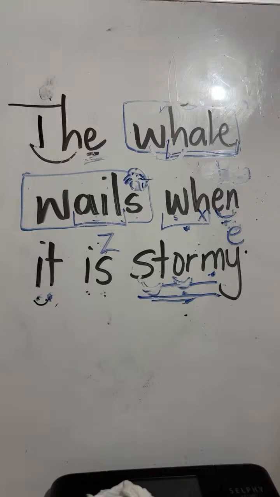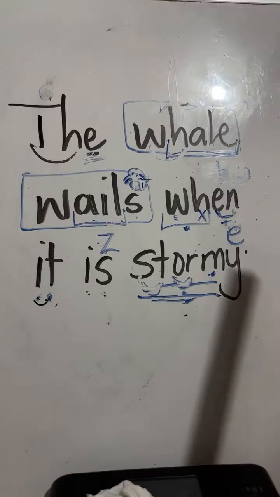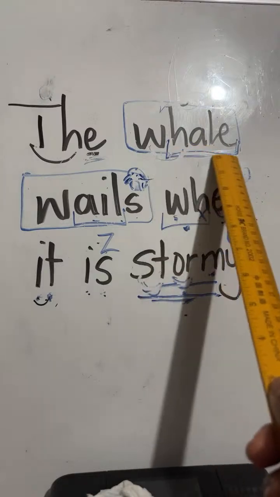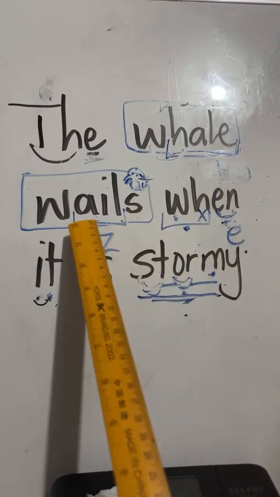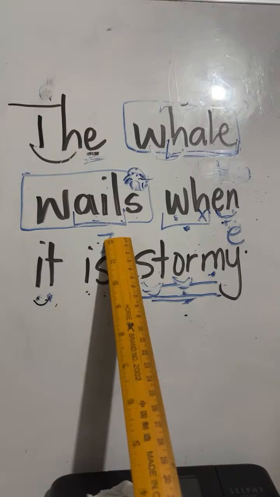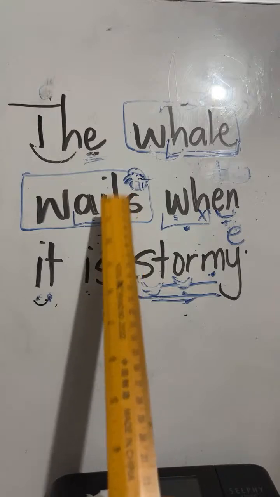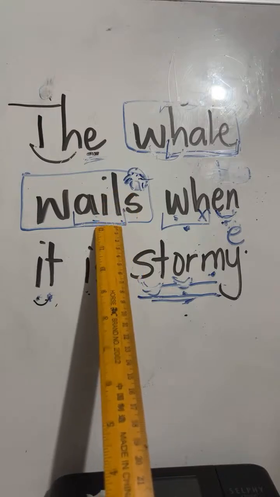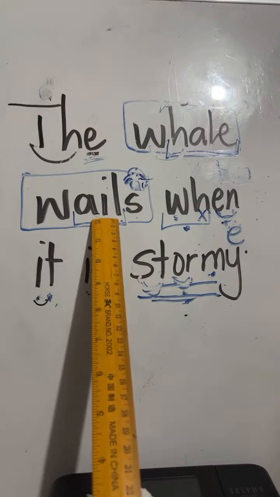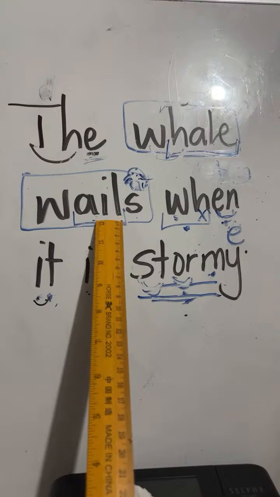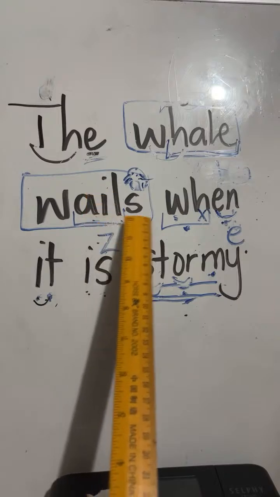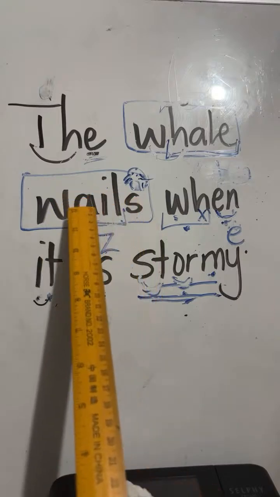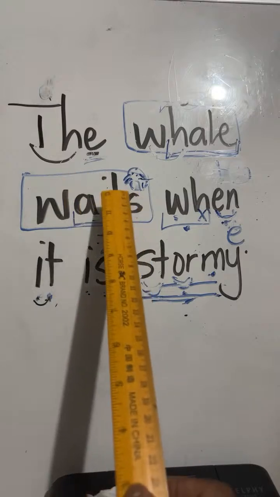Okay? So let's remember what the word means. Whale, as in the animal, the mammal. Wail, as in when you cry, you feel pain. Here we see the word ail, which means when you are in pain. So this would help us to remember that this wail is when you make a loud cry or when you weep.